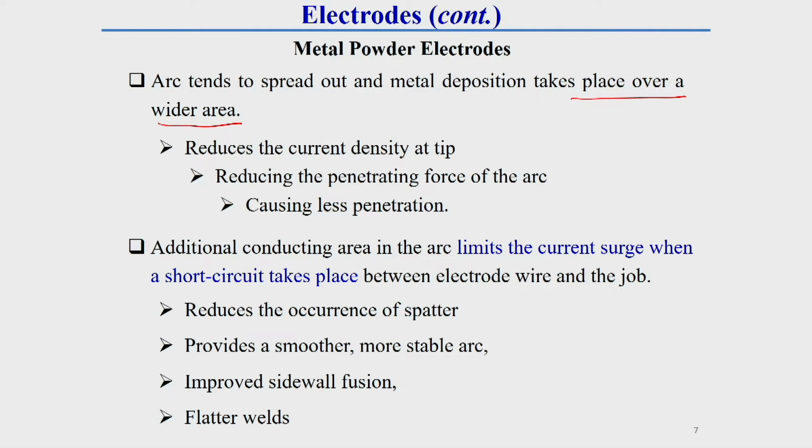That is why, during short circuiting types of metal transfer, this type of flux coating is good, because less surge of current occurs.